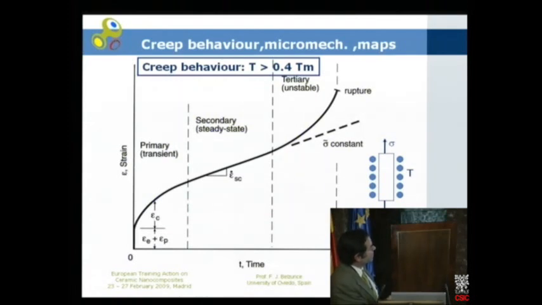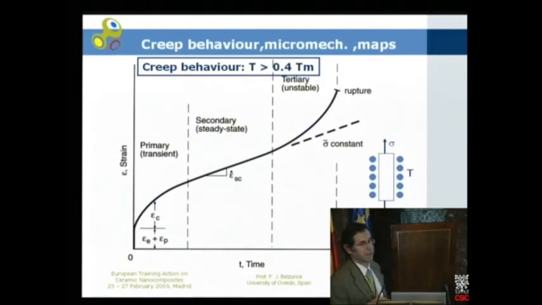This initial deformation may be elastic or plastic, depending on whether this stress is higher or lower than the yield stress of this material at this special temperature. But then, as you can see here, there is a curve in which the strain is growing continuously along this curve until the final rupture of the specimen.